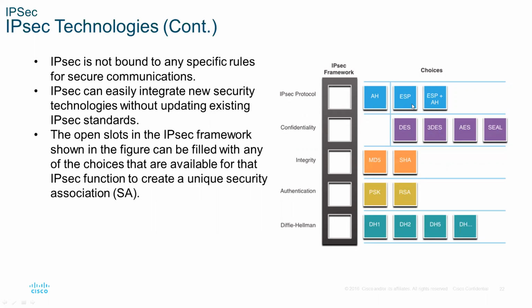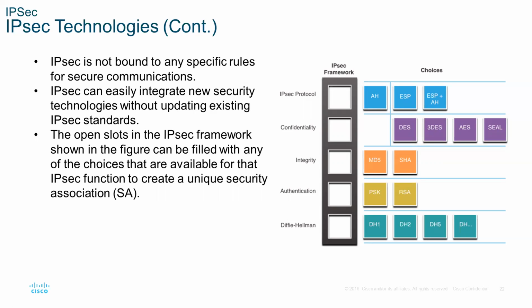These are the modules, and we drop them in place, and the combination of the modules that we choose, we get to create our individual specific IPSec tunnel using individual choices. So yes, there's a limited combination of choices that we can make, but it gives us greater flexibility through choice.